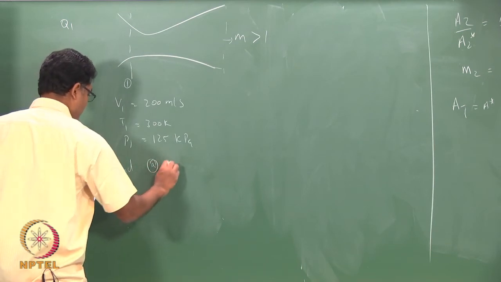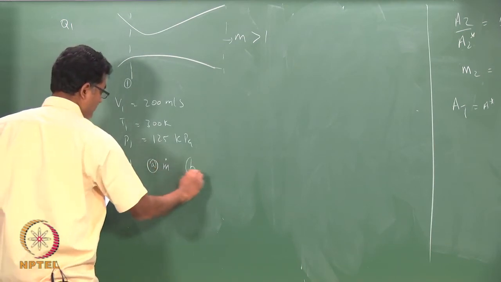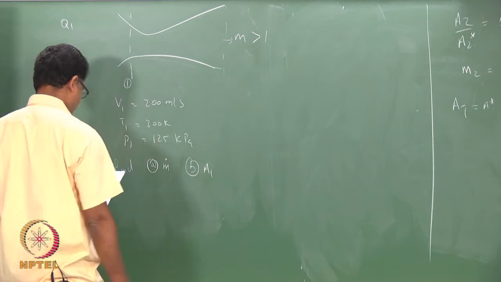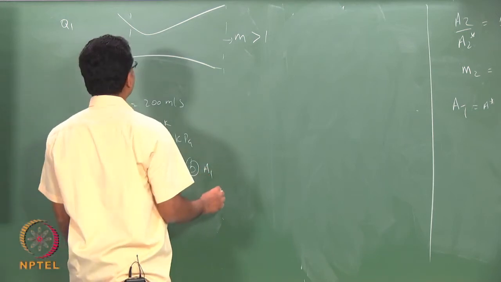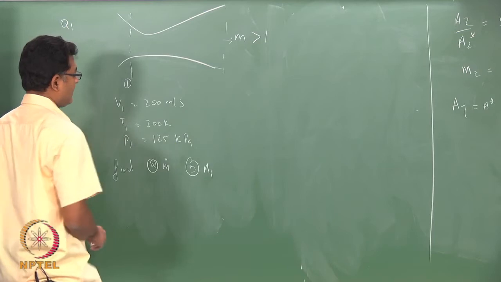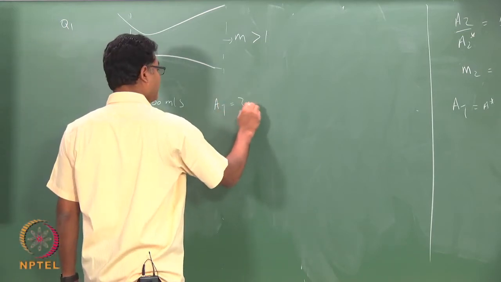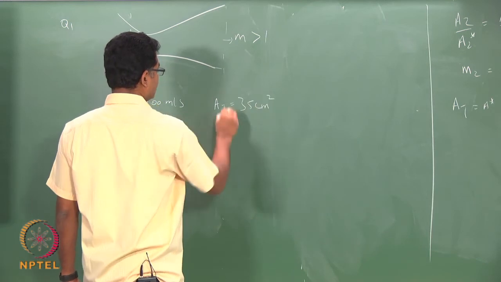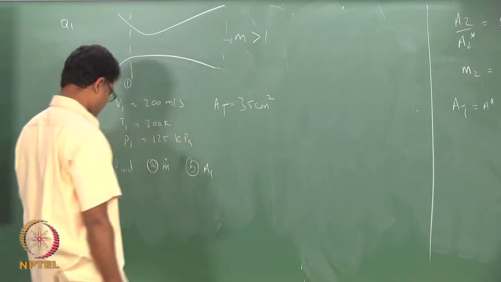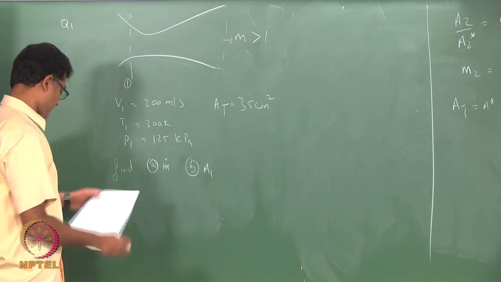Find m dot and A1, if the throat area is 35 centimeter square.